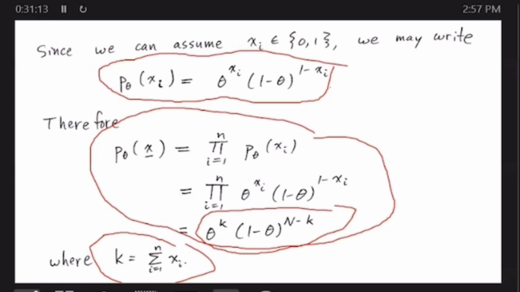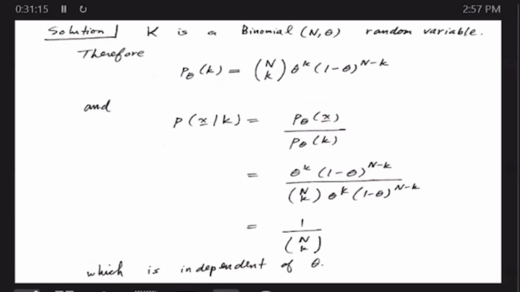Now, if I get k to be the summation of x, what am I going to do? Okay, now this is a formula. I told you the other time we want to get the conditional, right? If you can show that the conditional distribution of the random variable given the sufficient statistic is independent of theta, then we can say it is sufficient.